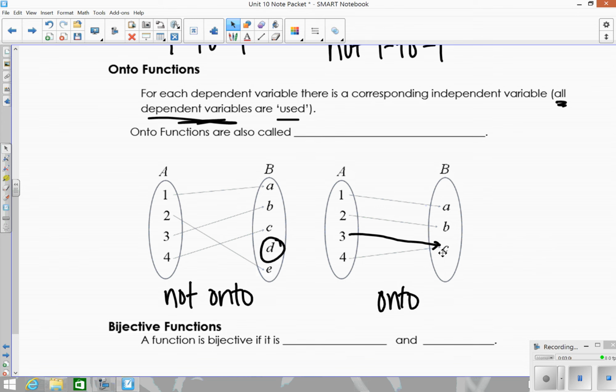However, in this case, this would not be a one-to-one function because C has two things coming to it, but it is onto. So onto functions are called surjective functions, is the other name for them.